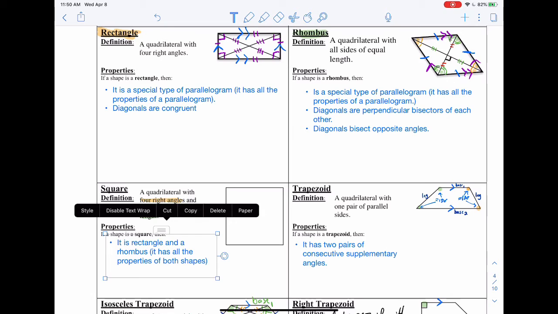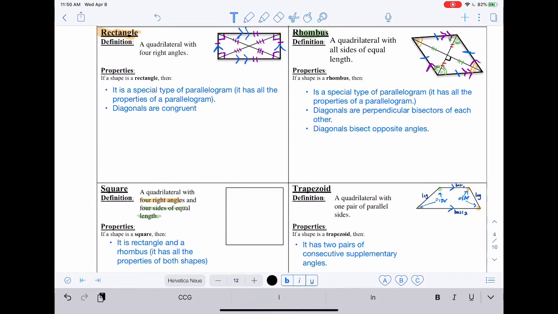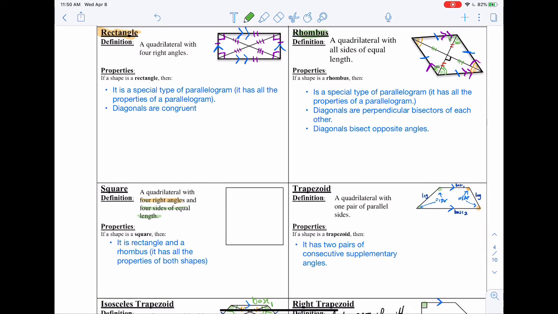So what we do now is we just add all the properties of a rectangle and a rhombus to our shape. So let's start by adding its own definition, 4 right angles and 4 congruent sides.